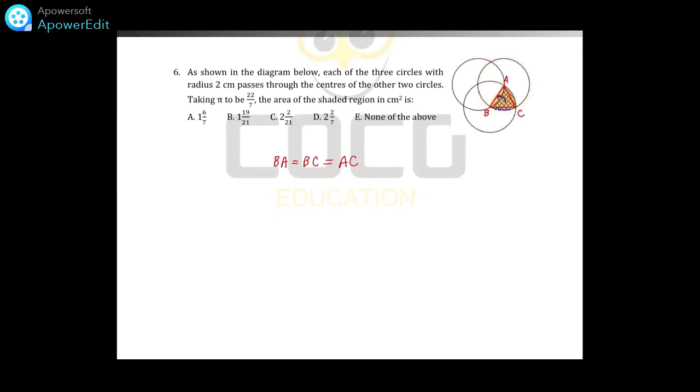Okay, it's the radius of the other circle. Since the circles are all identical, the radii are the same. So we find that triangle ABC is an equilateral triangle. Then the angle at the center is 60 degrees.